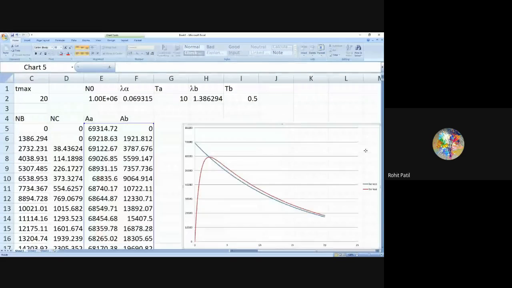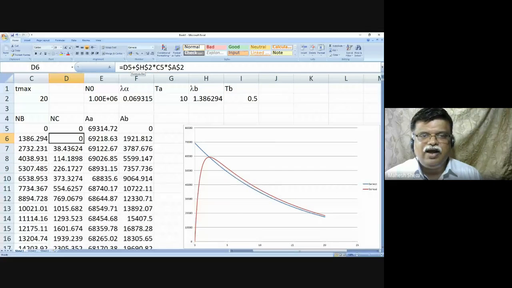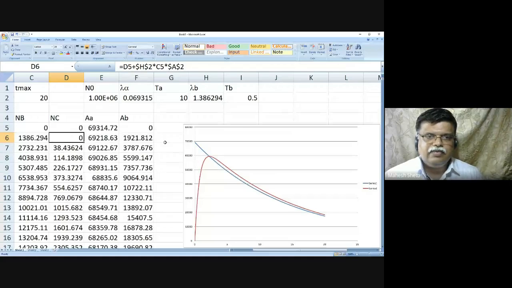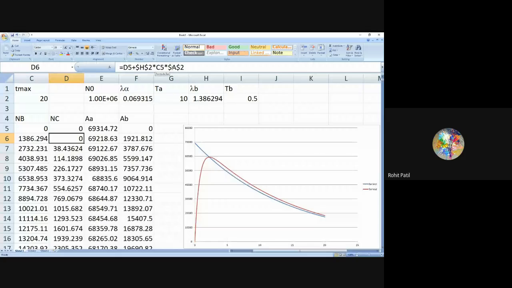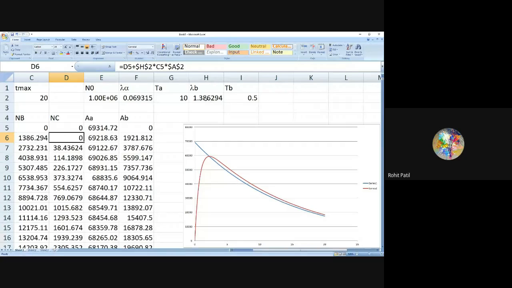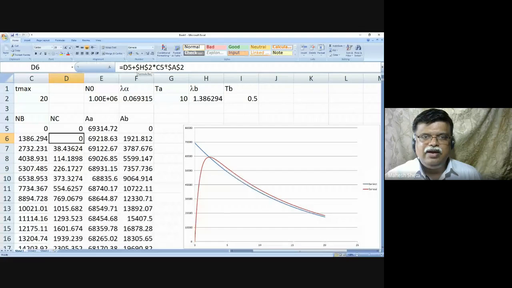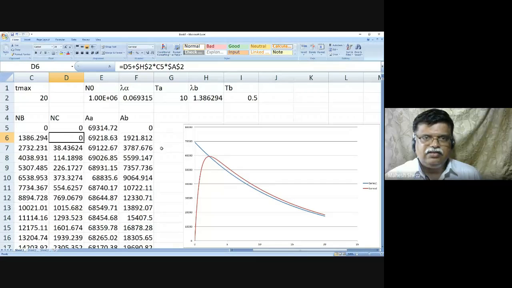NC is the earlier value of NC plus the disintegration of B. So it is NC plus lambda B NB dt, where dt is delta T and lambda B is the decay constant of B. Thank you, sir. Because B is disintegrating, C is getting created.